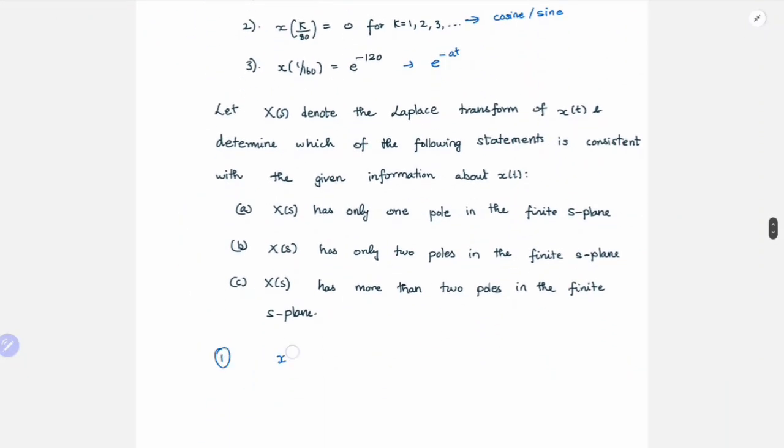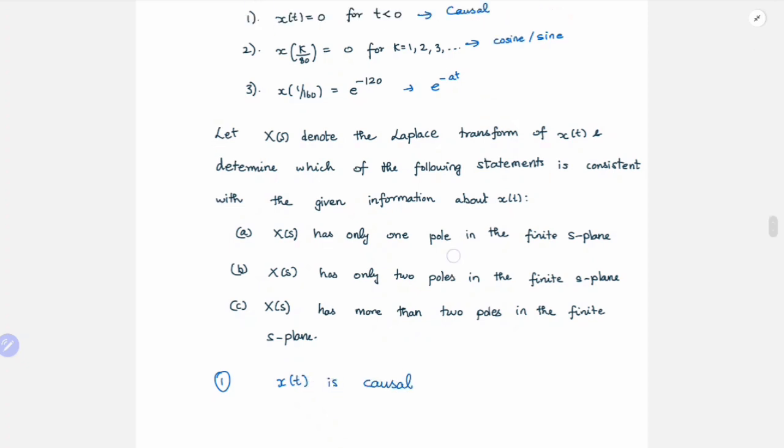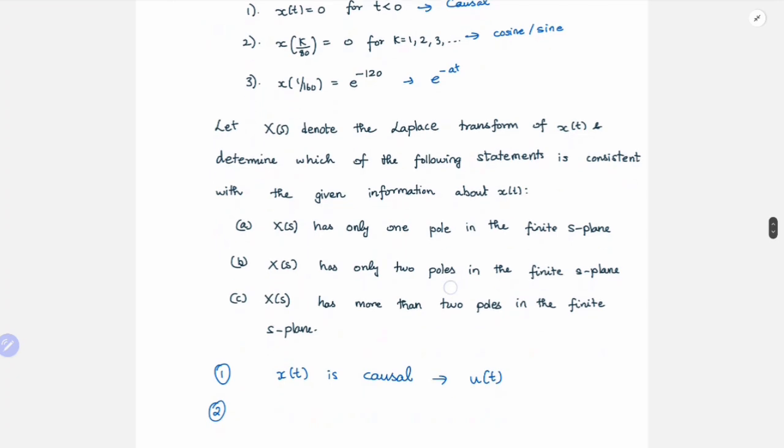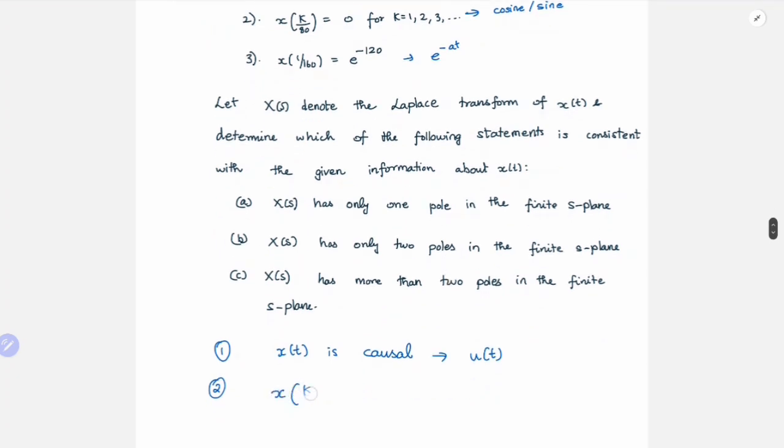So the first one says x of t is causal, right? Which also implies a multiplication by u of t. Then the second part, x of k by 80 equal to 0 for k equal to 1, 2, 3 and so on.